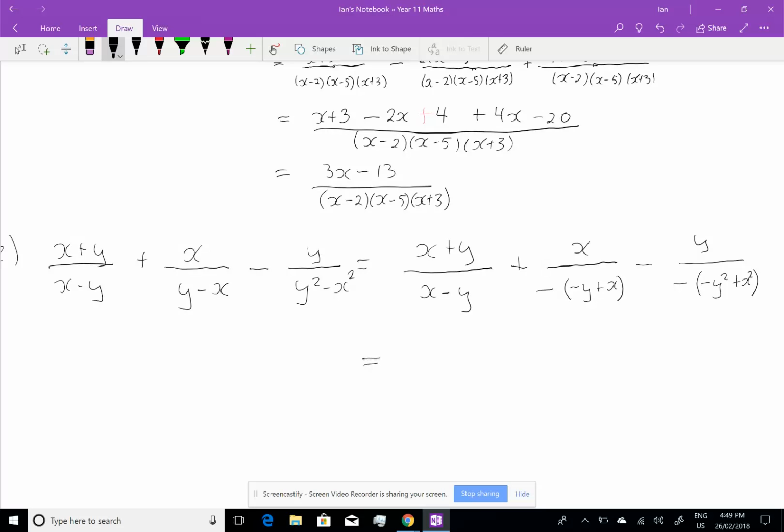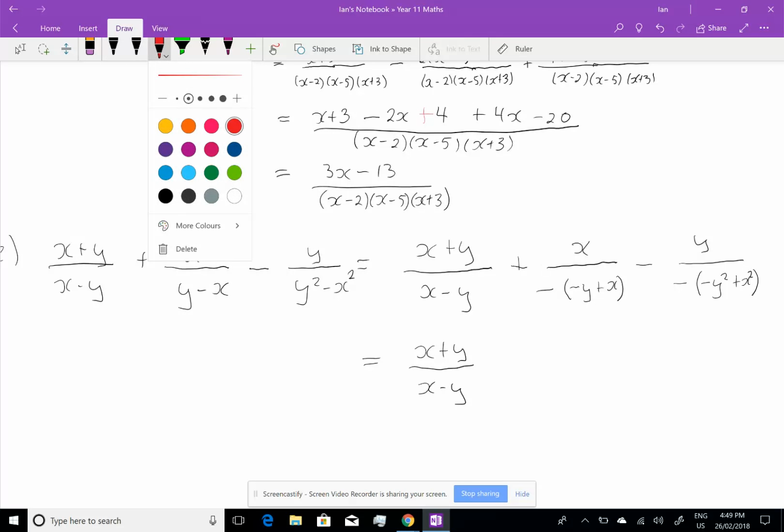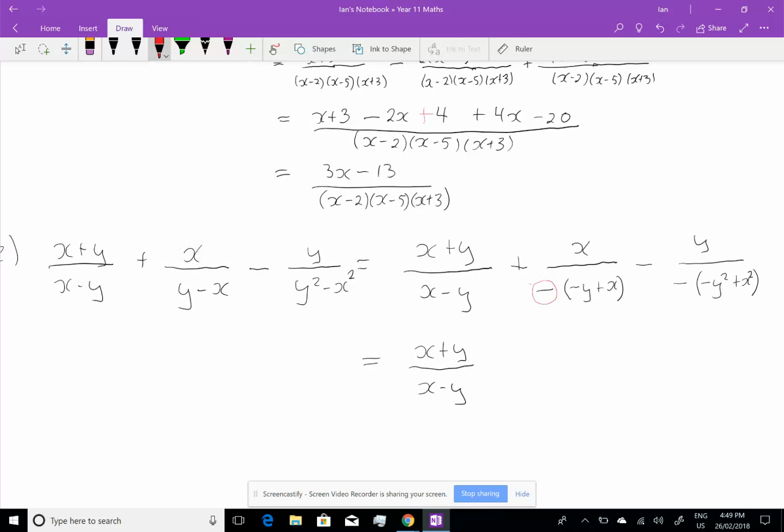This is way too tricky. So I get x plus y over x minus y. Now, I can take this negative and put it up the top. Same here, I'm going to take this negative and put it up the top. So I get plus minus x.